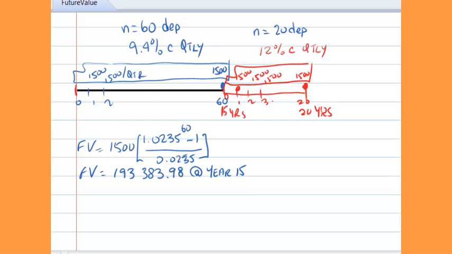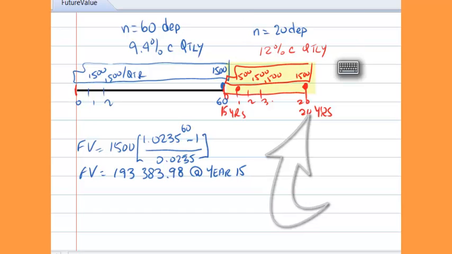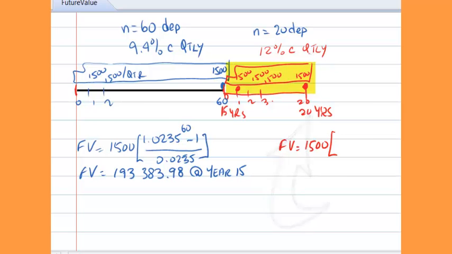Now, what can we do for our next step? Well, one thing that we can do is calculate the final value or the maturity value of the last 5 years of deposits. Let's do that. We've got $1,500 quarterly deposits, so it's $1,500 multiplied by the annuity factor for those quarterly deposits at 12% compounded quarterly. 12% divided by 4 quarters per year gives us an interest rate of 3% per quarter.